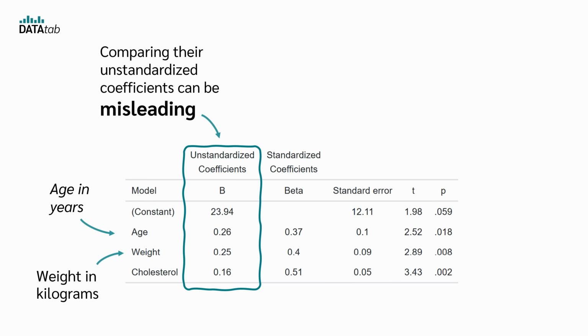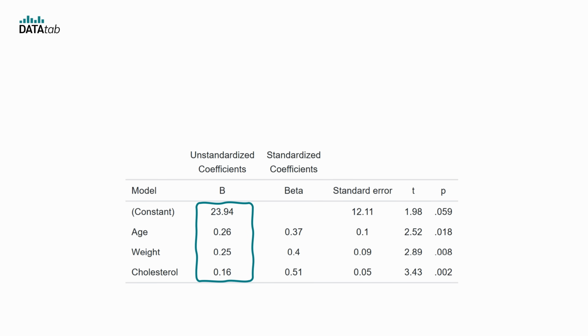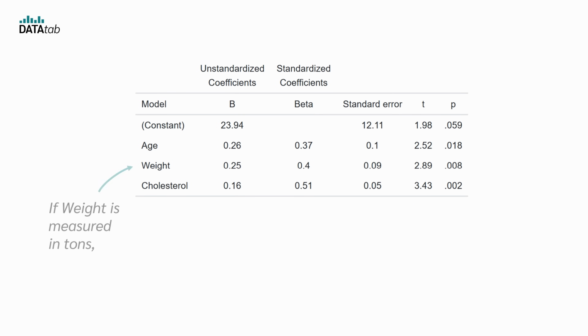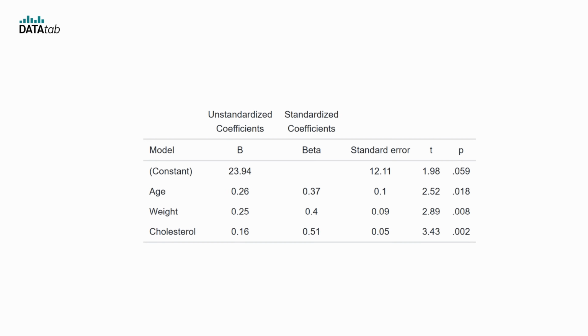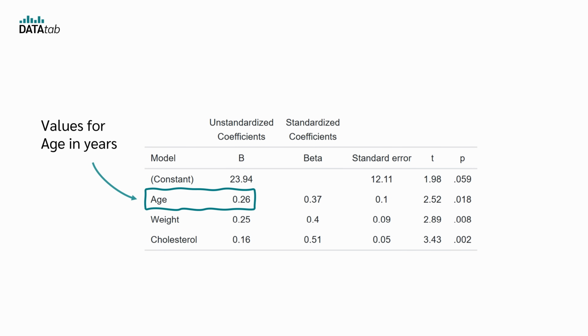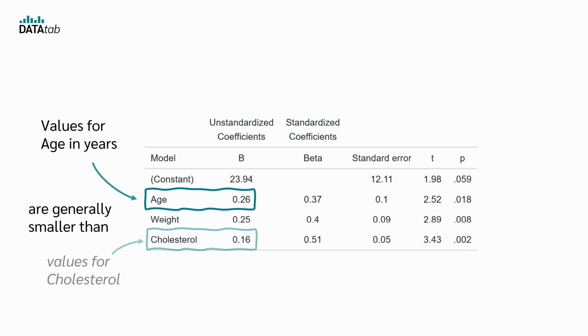Comparing their unstandardized coefficients can be misleading because these coefficients are influenced by the units of measurement. For instance, if weight is measured in tons, the coefficient would be larger. If we measured in grams, it would be smaller. Additionally, the values for age in years are generally smaller than the values for cholesterol. So you cannot directly compare their unstandardized coefficients with each other.